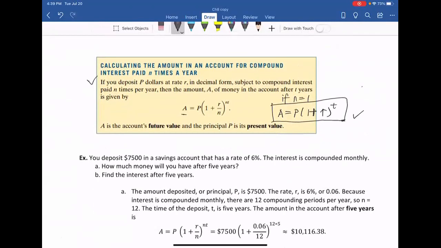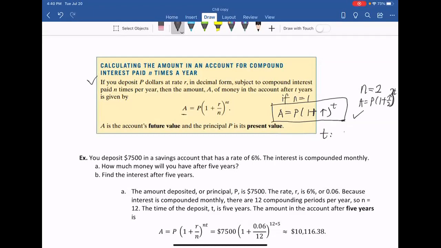If n is a different number, which means they pay the compound interest 2 times a year, that means semi-annually, n equals 2, and we plug into the formula A equals P times 1 plus R over 2 to the 2t, because n is 2. The t here is just like the time we learned before.